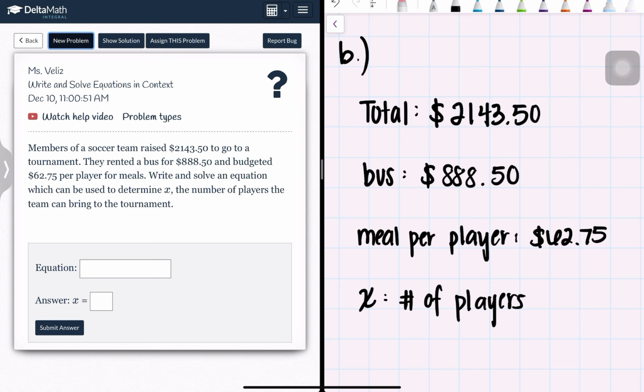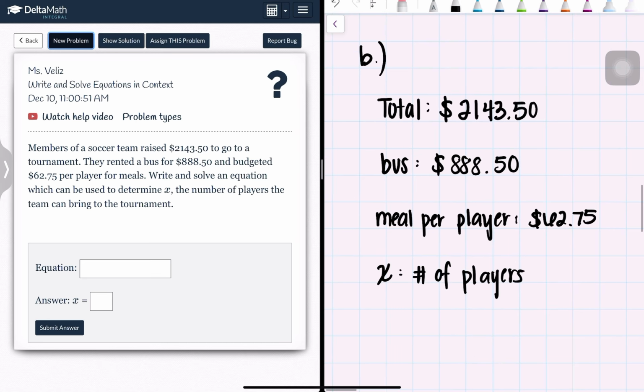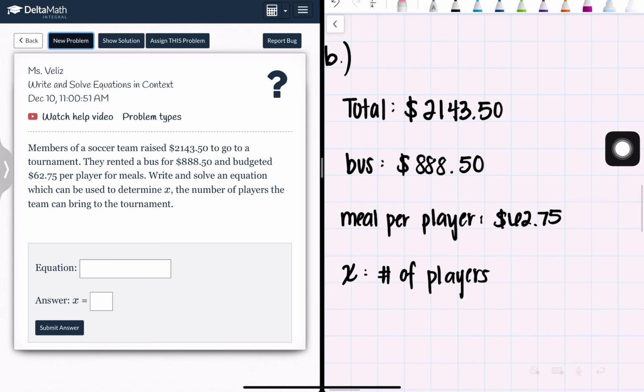Starting off, once again, we do have our equation, which is equal to the total. X is representing the number of players. Meals per player is $62.75, and then the bus is $888.50. So my constant, which is something that's already fixed, I can't change.